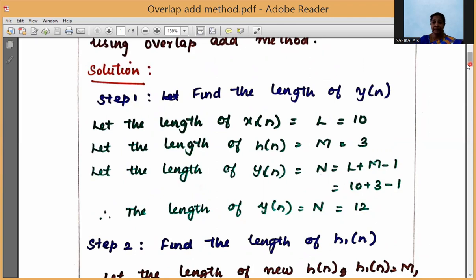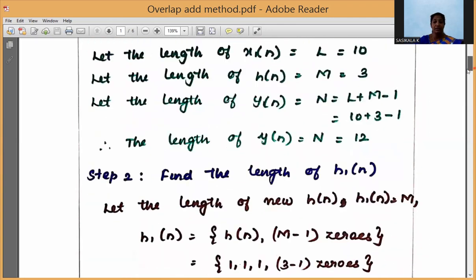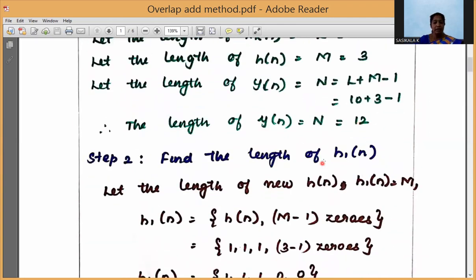Now you need to find the length of h1 of n, that is the new impulse response. Let the length of the new h of n be m1. That is, the new h of n is h1 of n and its length is m1. So h1 of n is written as h of n followed by m minus 1 zeros.